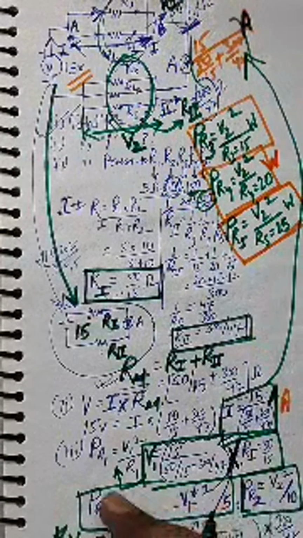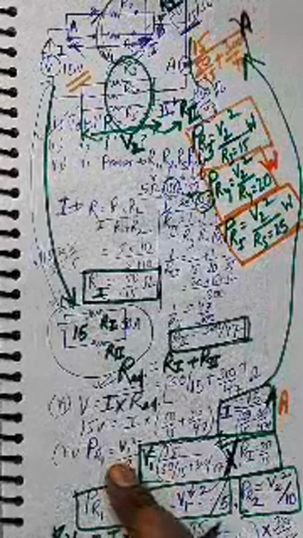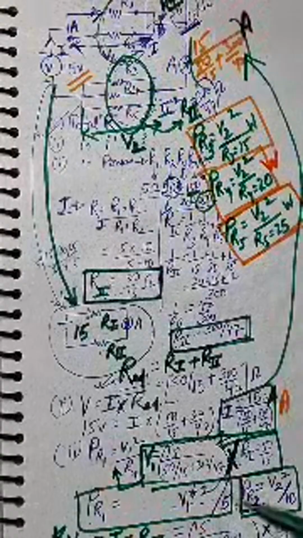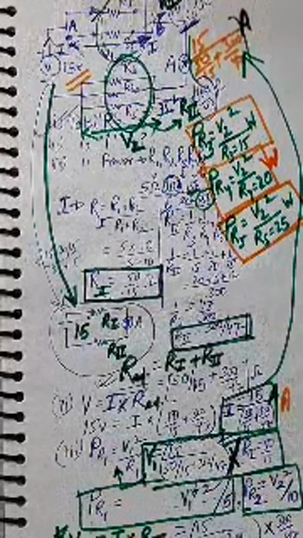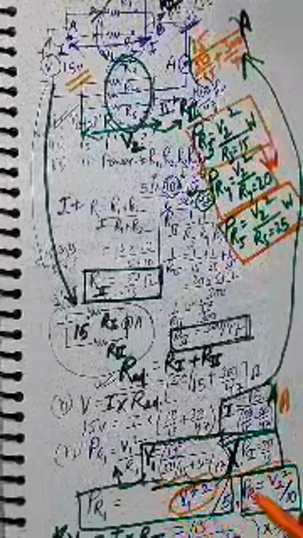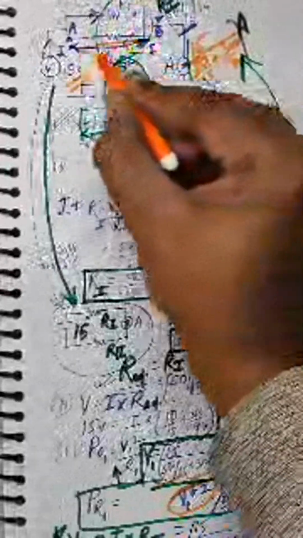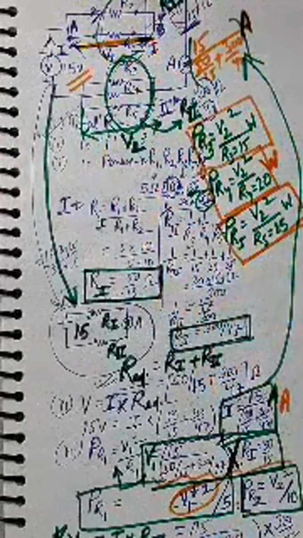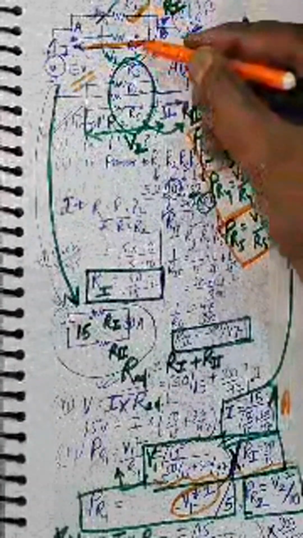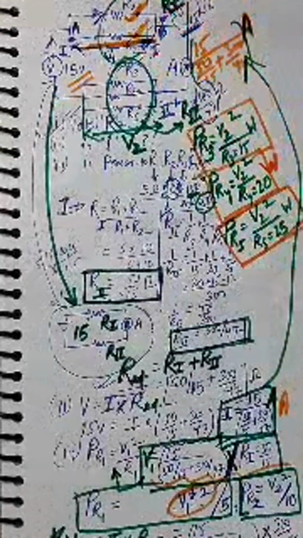Now, power equals V1 square by R1. Just put this value of V1 over here. Whatever value of V1 we are getting from here, put it over here as V1 square. That will be the voltage across A and B, and the same voltage will be across R1 and R2, because this is a parallel connected circuit.